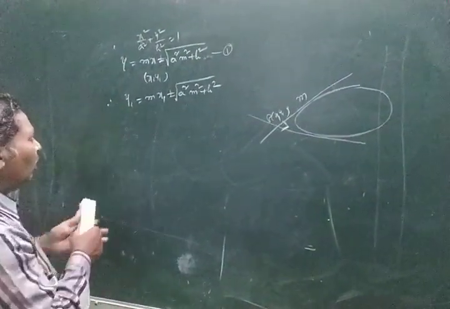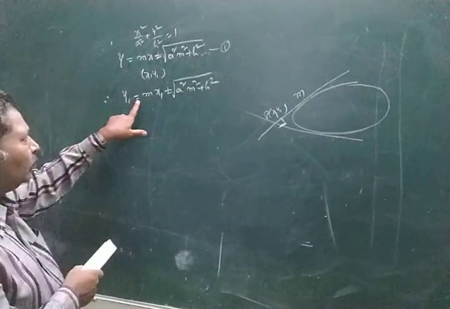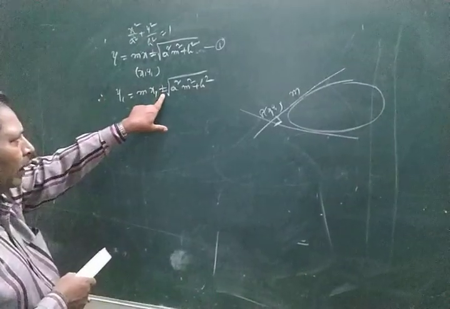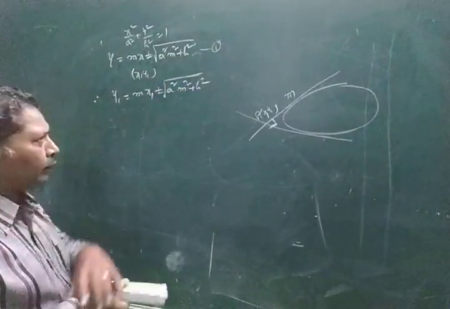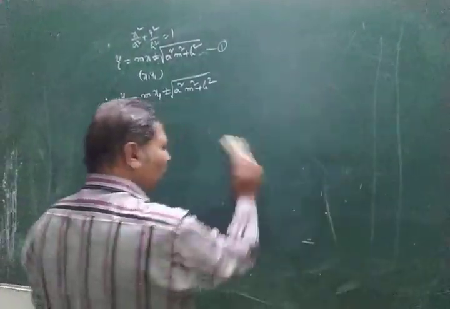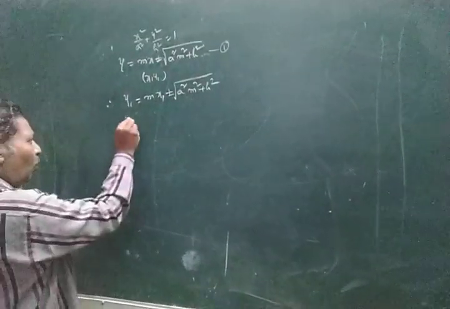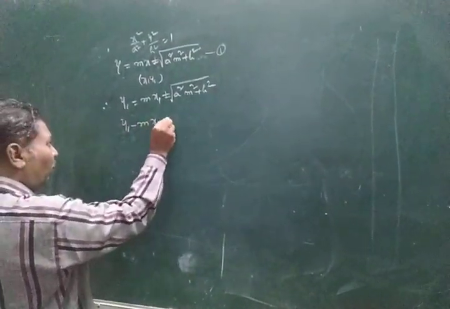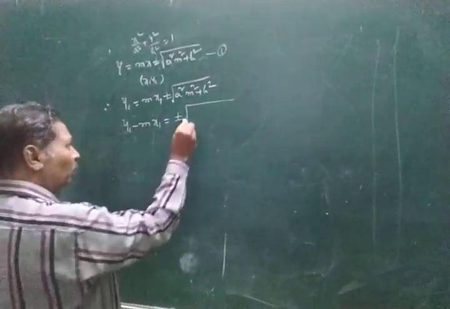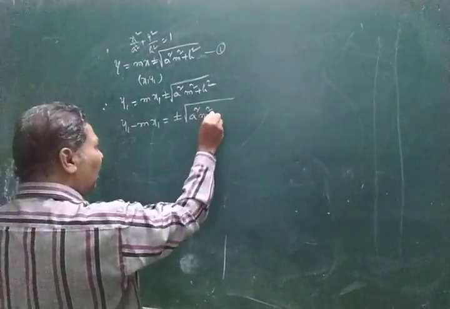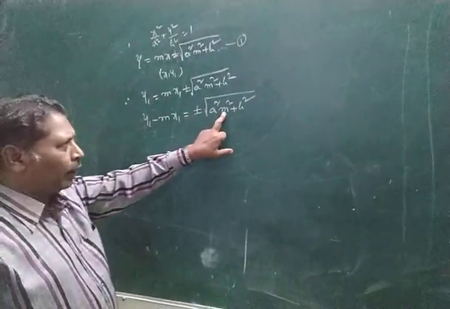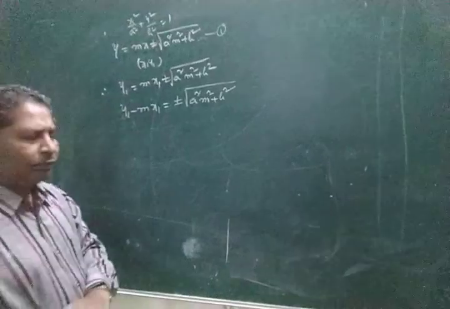Therefore, y1 equal to mx1 plus or minus under root a square m square plus b square. So y1 minus mx1 equal to plus or minus under root a square m square plus b square.